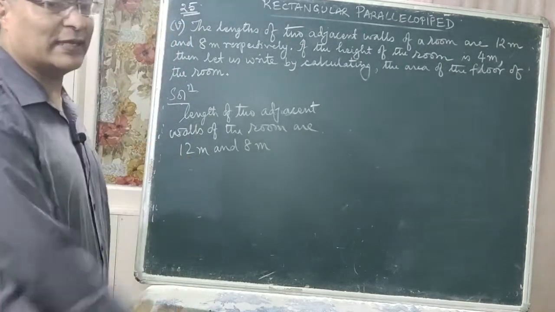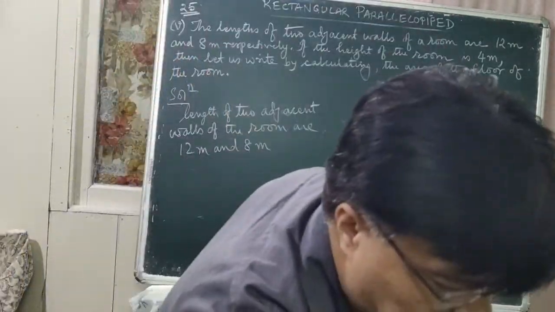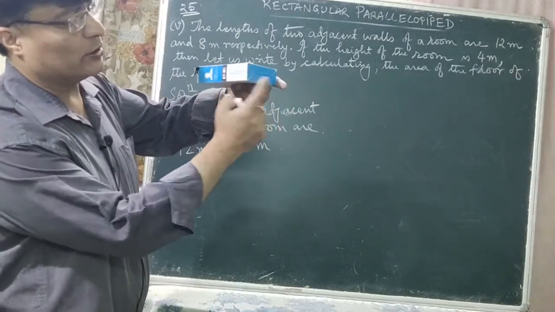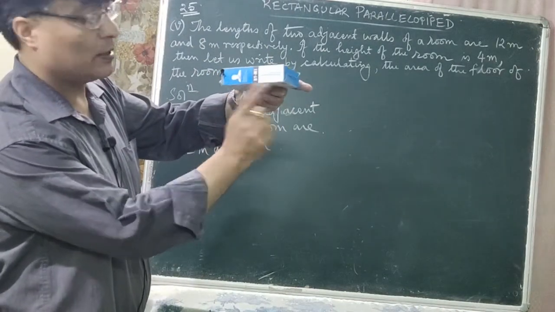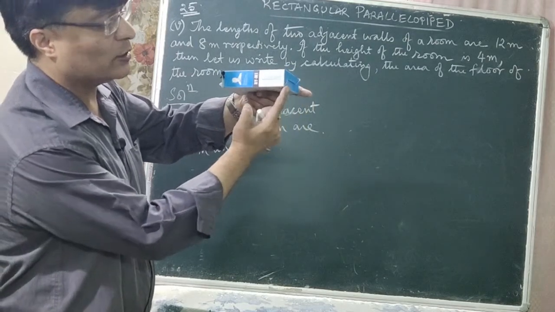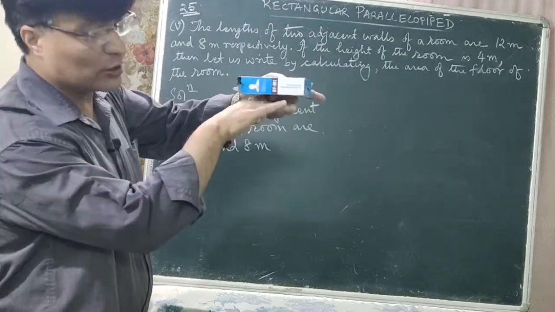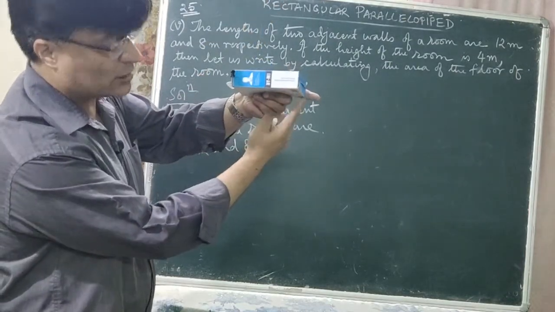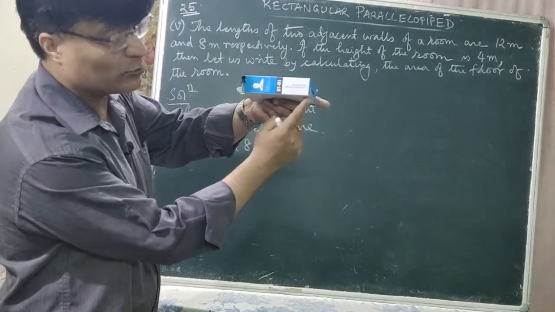So if you multiply them, I have already said it before, suppose we took these two adjacent walls. The length of this wall is 12 meter, and what is the length of this wall? This is your 8 meter. So this is your floor, this is your ceiling of the room. So if you multiply length into this breadth, this is just like your length into breadth, isn't it?